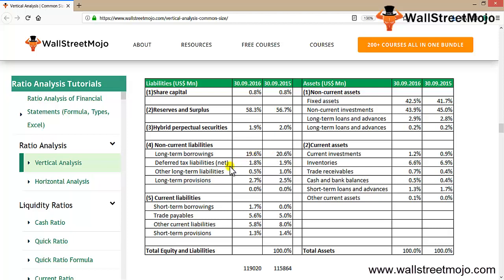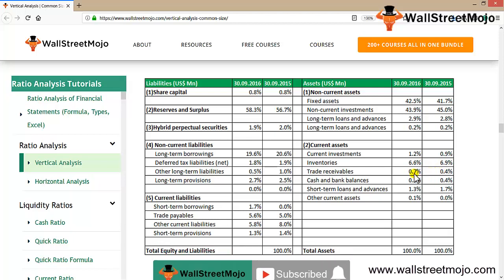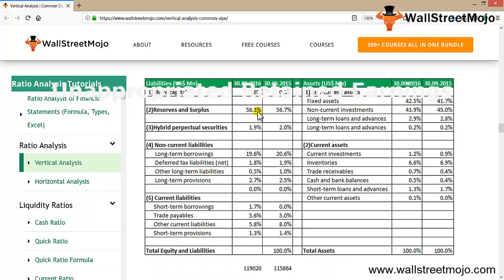Now, the short-term borrowing has increased by clearly 1% flat, and inventory level has remained almost the same, 6.9 and 6.6. There is a marginal increase in the trade receivables also, from 4.4 to 0.7. The share capital remains the same, and that means there is no fresh issue of capital.